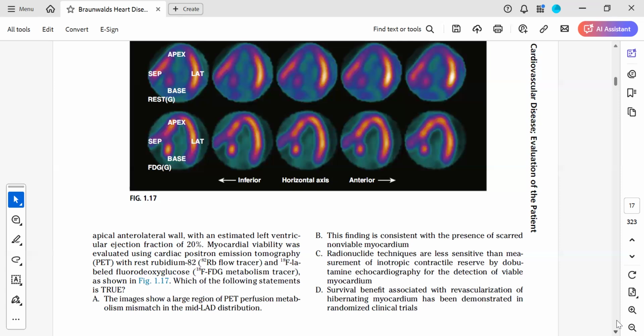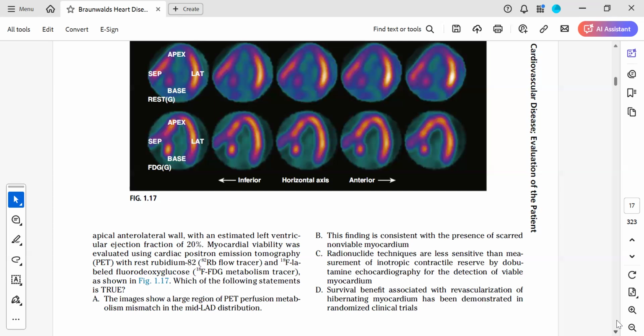Looking at this option, I almost accepted it, because it sounds like a statement of fact that revascularization of hibernating myocardium will support survival benefits. But what makes it wrong is the phrase randomized clinical trials, because it is from observational studies.